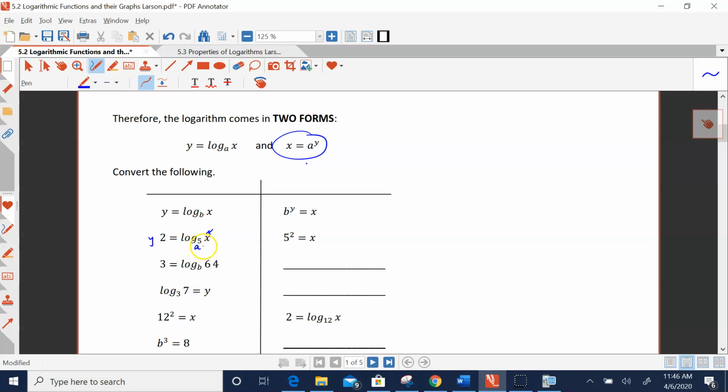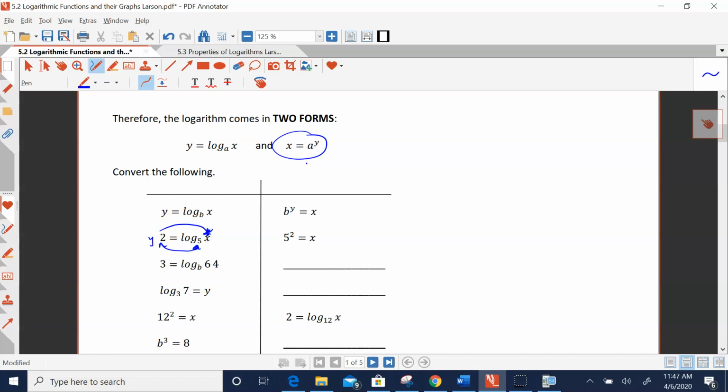So I just take these and say x equal a to the y. So x is here, equal to a, which was 5, to the y power, which is 2. We're sort of bringing it full circle. Notice that 5 squared equal to x came from this 5 raised to that power equal to that argument.